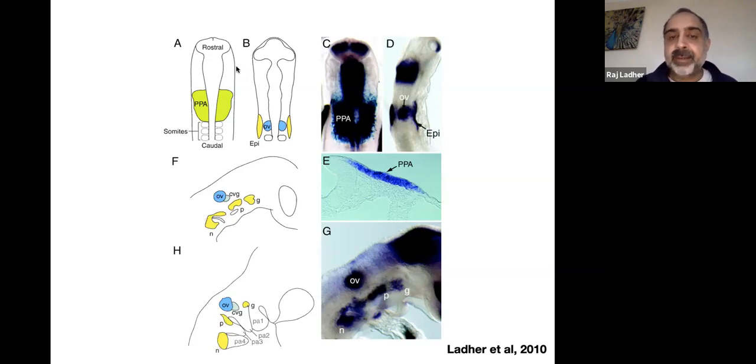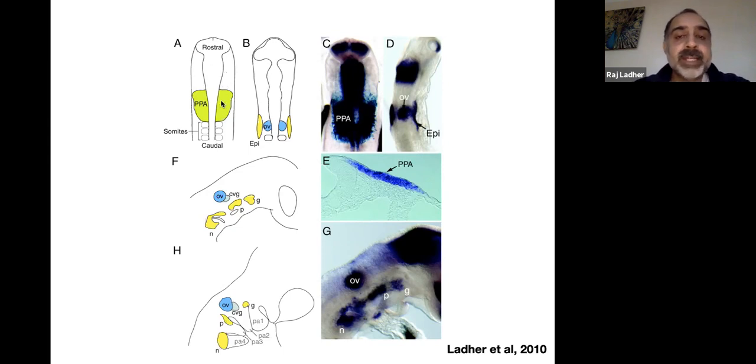What seems to happen in the formation of the otic placode is again this subdivision of potential. So I told you that this strip all around the neural tube, and by now the neural tube is closed, is able to give rise to sensory placodes.